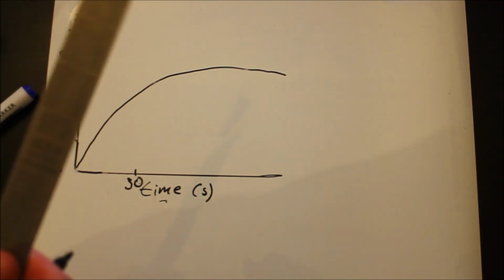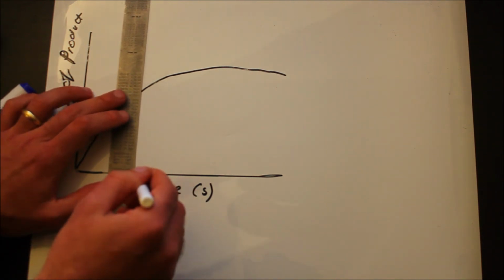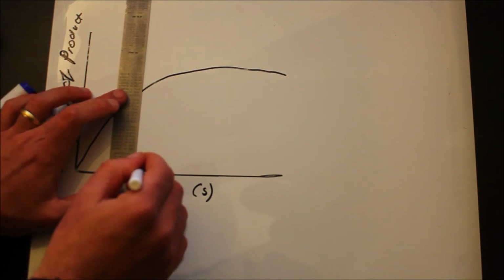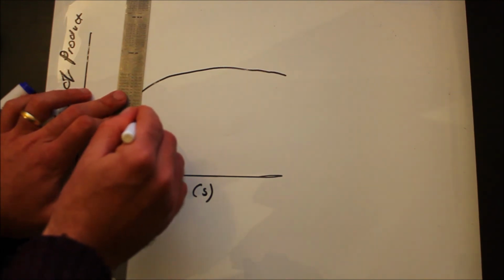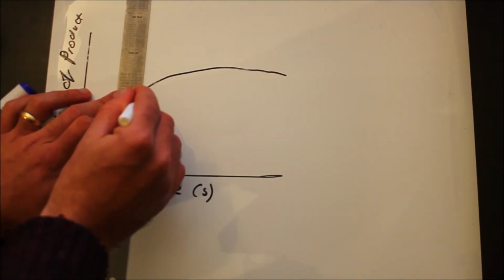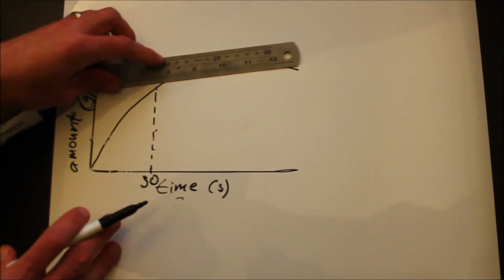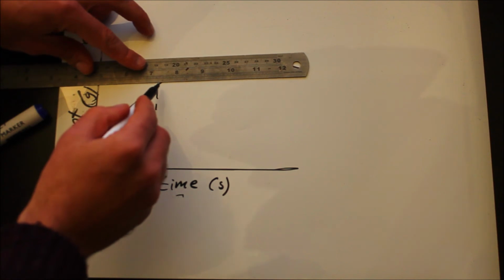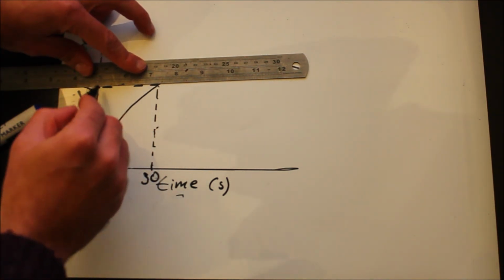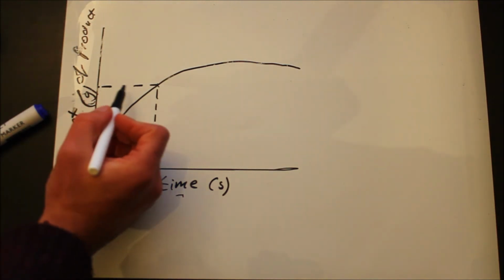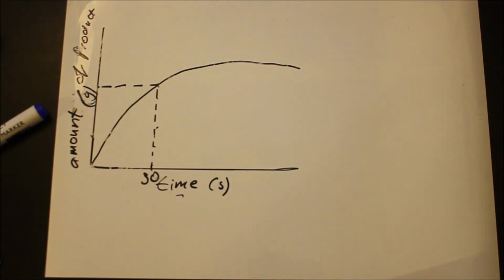First step, get a ruler and a pencil, and you're going to draw a little dotted line following the lines on the graph all the way up till you hit the curve. When you've done that, you've hit the curve, you can go across here and read off the y-axis what your units are there.